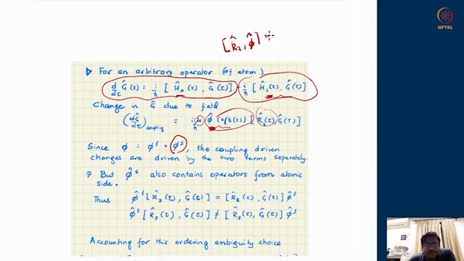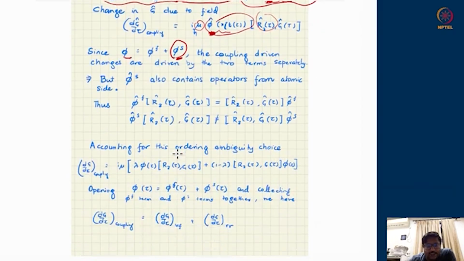In absence of interaction, if interaction were not there, then phi s part would have been vanishing, and then this commutator would have been zero. Then writing left or right is immaterial. But since the field also gets corrected due to the interaction of atom, the phi s part being written on the left of this commutator or on the right of this commutator are two different things. They are not the same thing. That story was true only for the free field part.